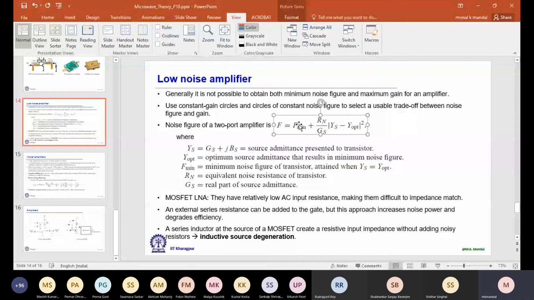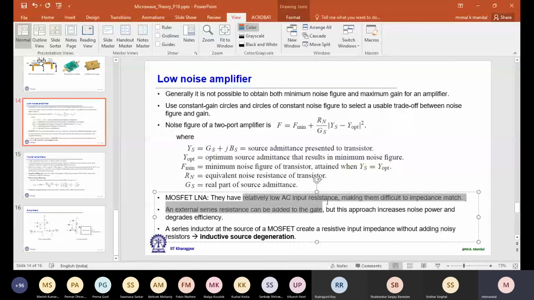So what are the steps? First, we choose the bias point for minimum noise figure, and then we optimize the other parameters. Additional information: for a MOSFET, we always face a problem because of the CGS. So the input impedance is very low. That's why it is difficult to match the impedance. So there are several procedures.